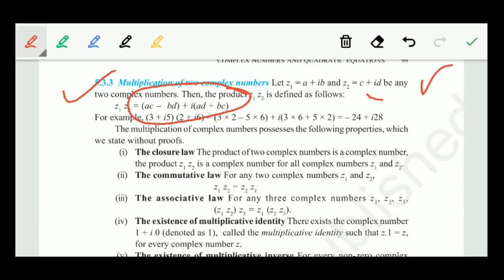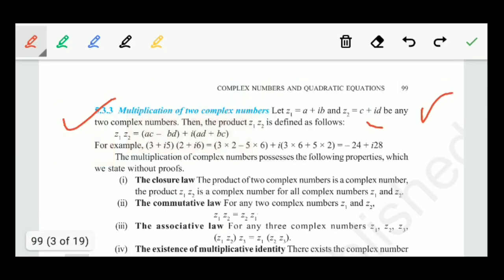You can see its example here. The first complex number is 3 plus iota 5, and the second one is 2 plus iota 6. So you will use our result.